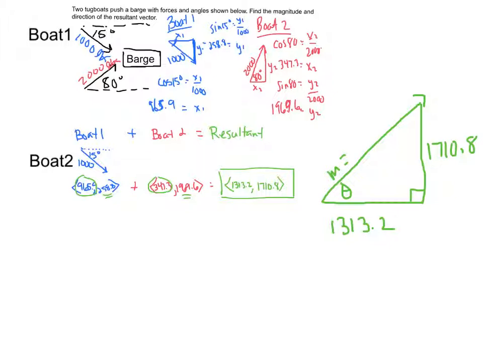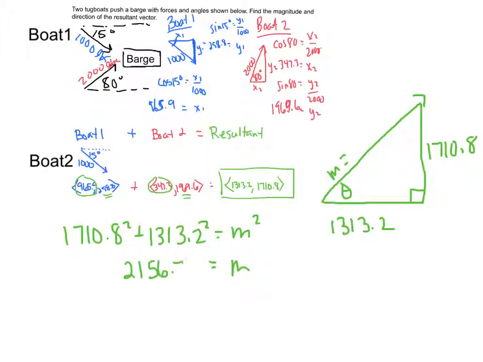So I need to find the magnitude and I need to find the direction. To find the magnitude, we're going to do 1710.8 squared plus 1313.2 squared, and that's going to equal the magnitude squared. And so we'll type into our calculator and get a magnitude of 2156.7 pounds of force.